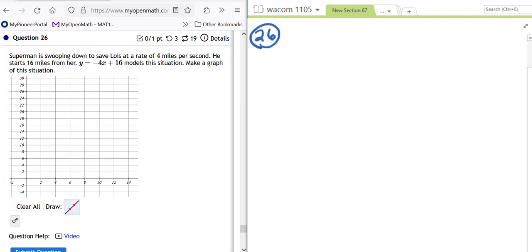He starts 16 miles from her, and they're giving you the equation y equals negative 4x plus 16. So he's starting 16 miles. That's going to be your y-intercept. And he's swooping down, so that's a negative 4 miles per second. So your slope is going to be your rate. You don't have to know all that. That's free. They're giving you the equation. We're going to graph it.